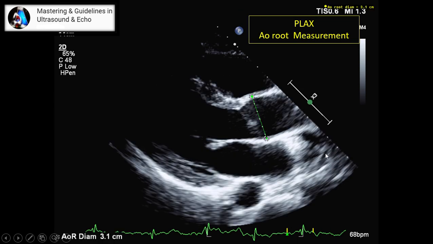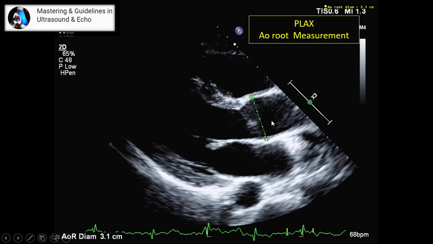After LVOT diameter, we go for aortic root diameter. Aortic root diameter, usually when they talk, is the aortic root diameter at the coronary sinus of Valsalva. As you know, the sinus of Valsalva is the area of the aortic root where the coronary artery orifices are, and usually is the largest diameter at the aortic root.